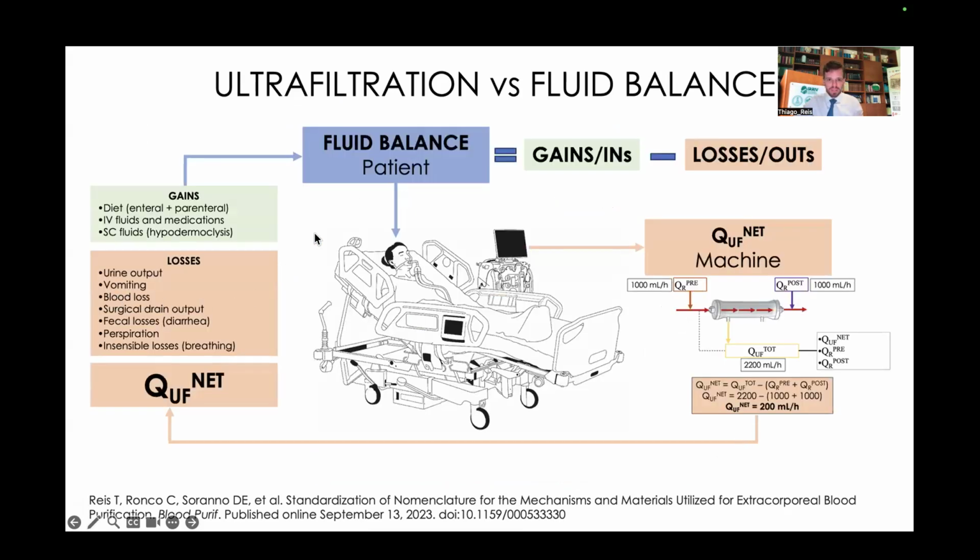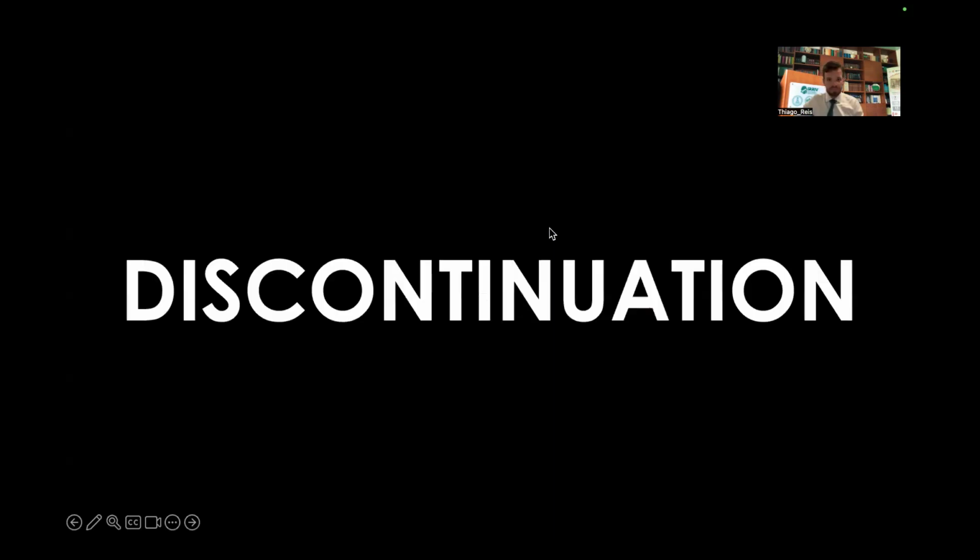So once again, fluid balance is the difference between gains and losses. In the gains domain, we have diet, IV fluids, subcutaneous infusions, and losses: urine, vomiting, and so on and so forth. And here we do have the net ultrafiltration. The confusion in the literature is because some authors are referring to fluid balance as net ultrafiltration, which is not adequate.